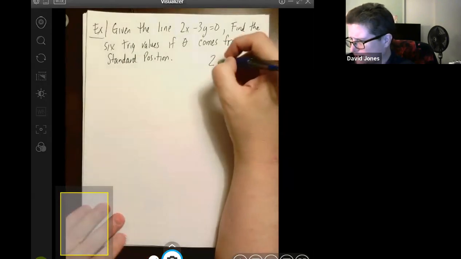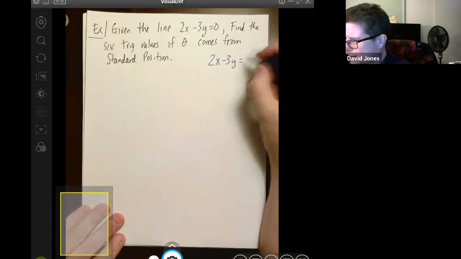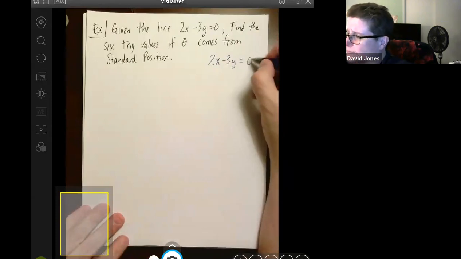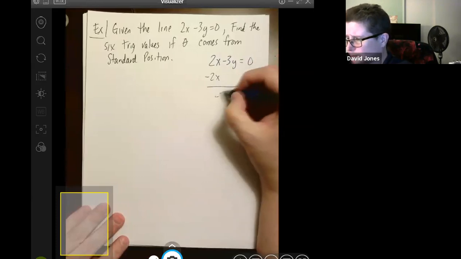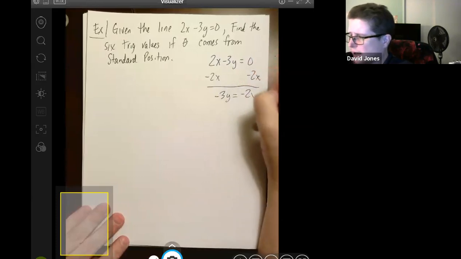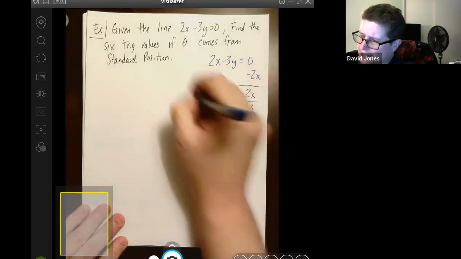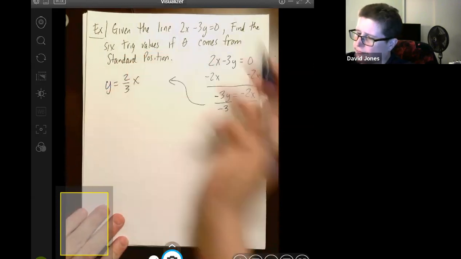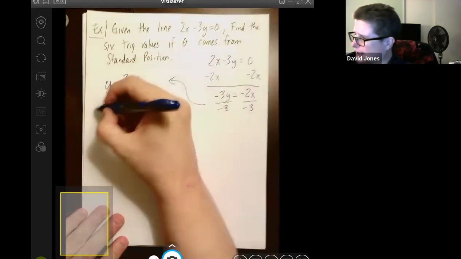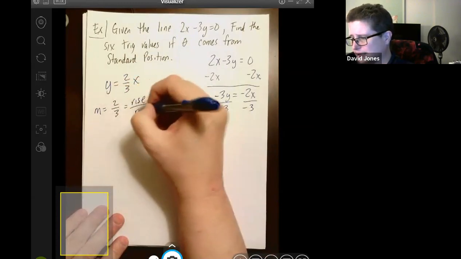So how do we do that? I like solving for y. Y equals mx plus b. So I'll subtract 2x from both sides. And I'll divide by -3. And I get y equals 2/3 x. M equals 2/3. Rise over run.